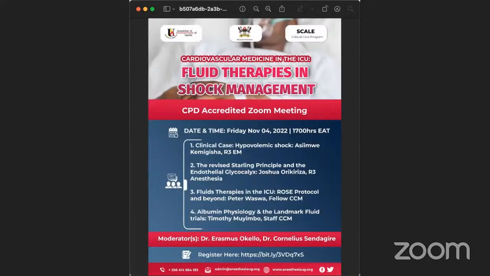That is what the question is. From what I came across in my reading, I don't think they have an effect on the glycocalyx. All right. So I think we shall leave it at that and see what the end of this discussion will yield.